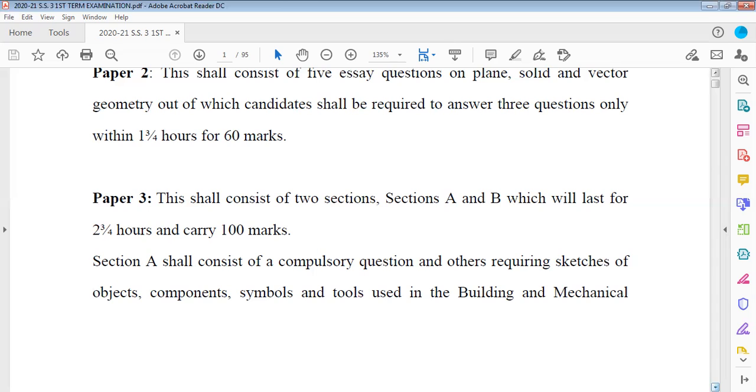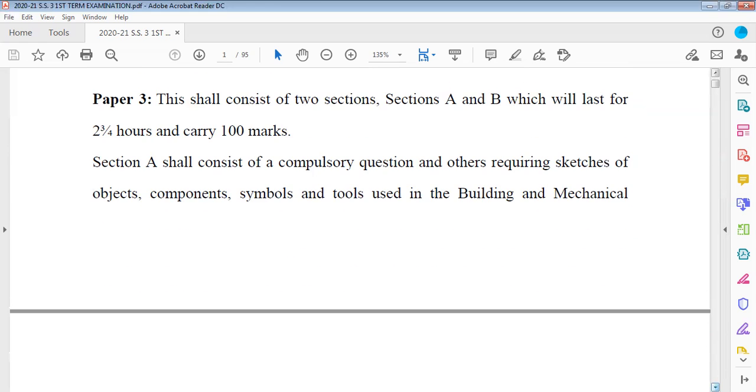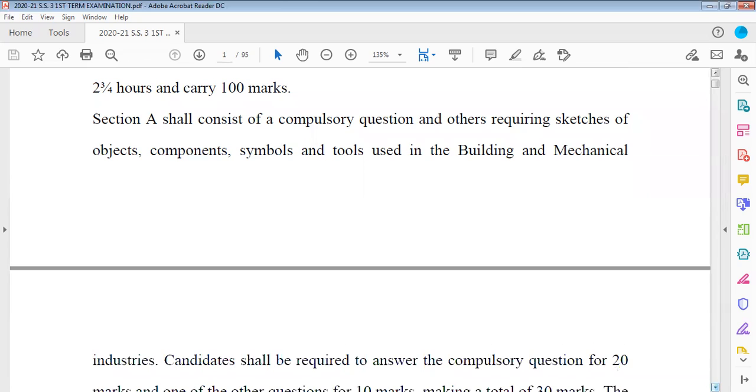That tool that you'll be asked to draw or sketch can be a building tool or a mechanical tool. So that will earn you the total for the sketching.